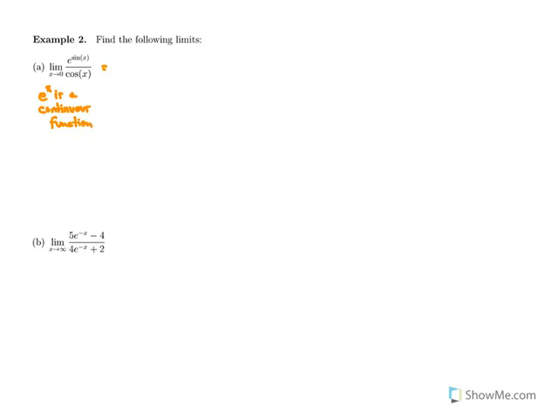And so what we can do is, first of all, we can write this as the limit as x approaches 0 of e to the sine of x over the limit as x approaches 0 of cosine of x. We can do that because we can break up a limit into division and do each part separately.